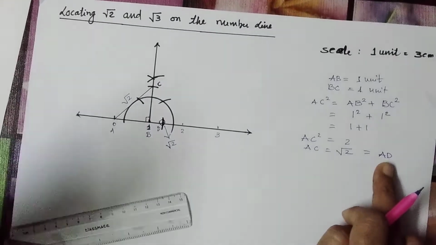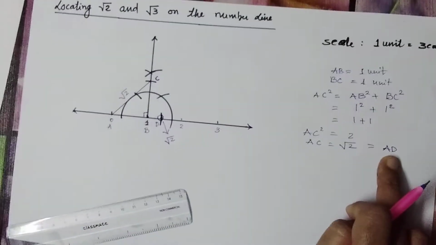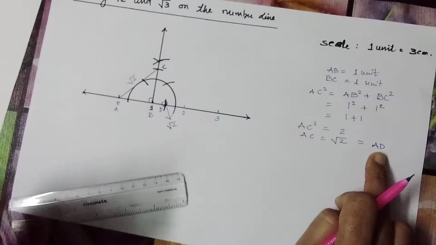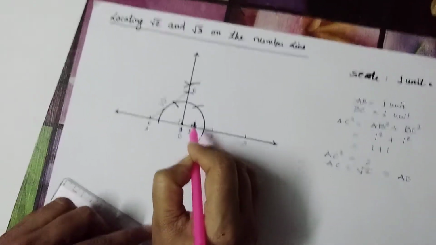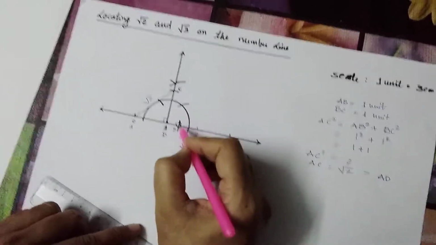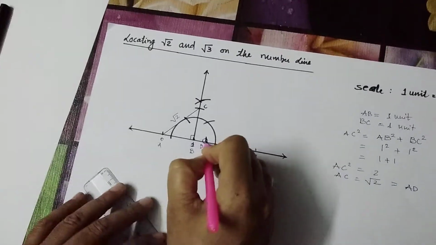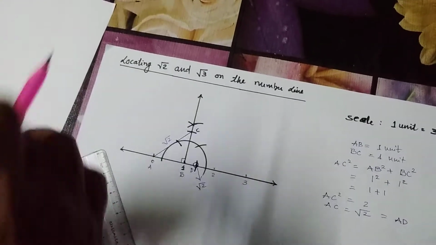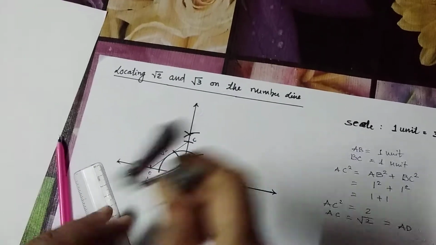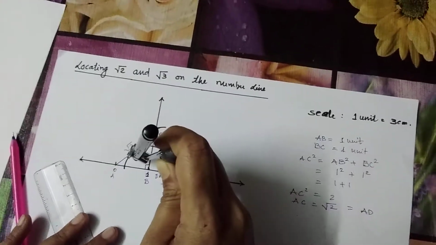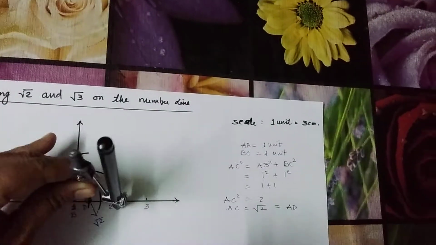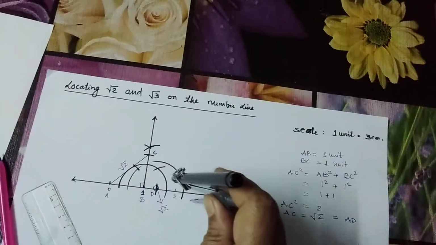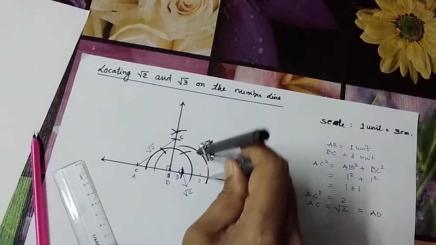If we are supposed to show square root 3 on number line, we should know where that square root 2 point is. So now we have already searched it out. Therefore now we have to make a perpendicular on this point D once again. The same procedure we are following.